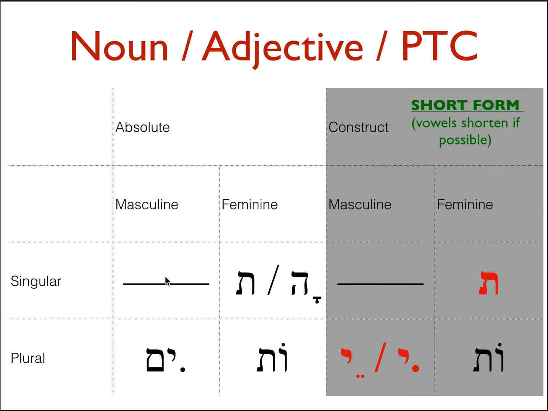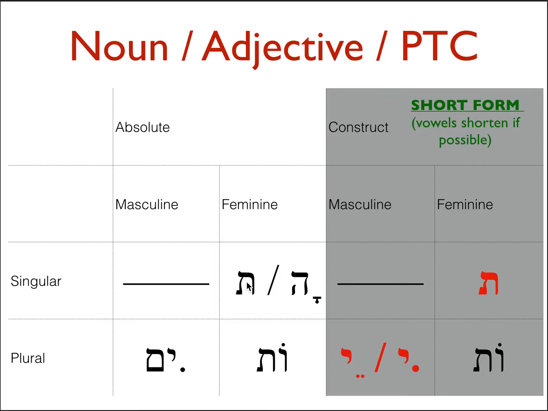So this is the form. In masculine singular, you cannot shorten it anymore, and therefore in construct, it remains the same. Masculine plural, we have im at the end. That's too long, and therefore the mem drops, and we end up with e. In feminine, we have either a or t for feminine singular.